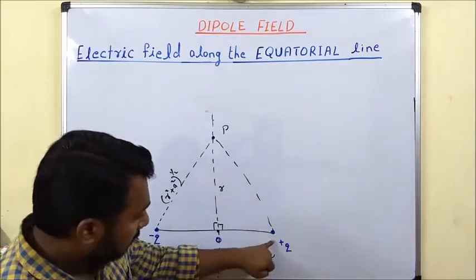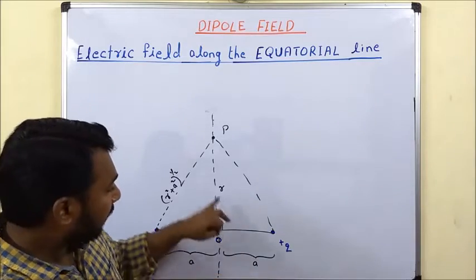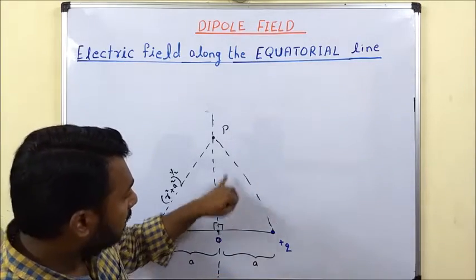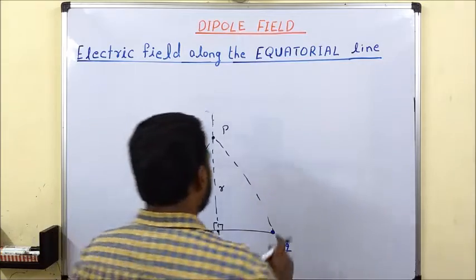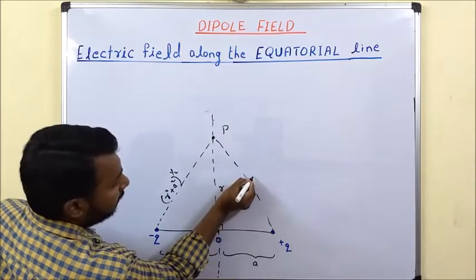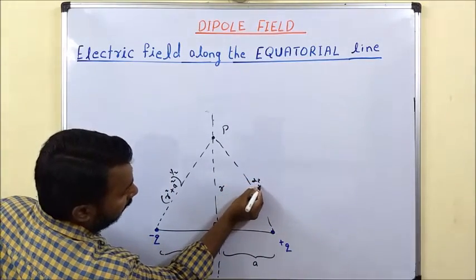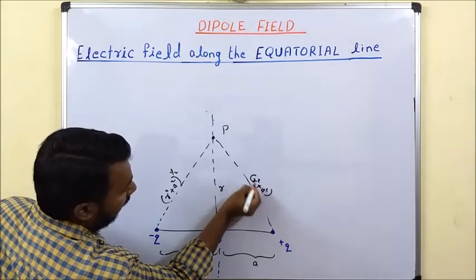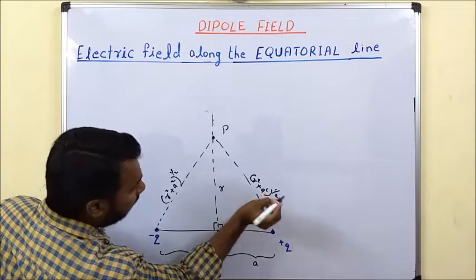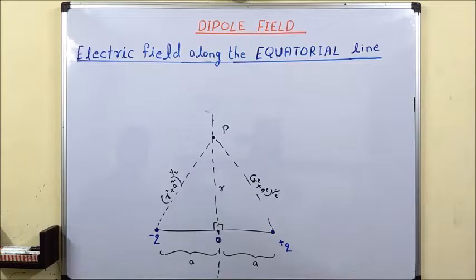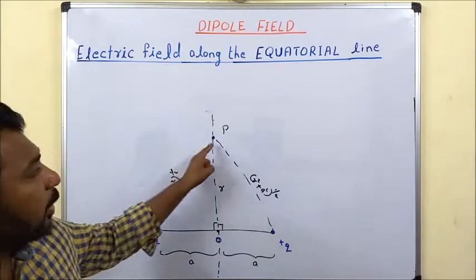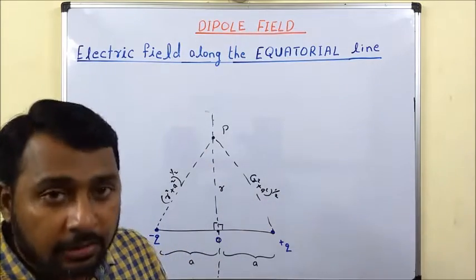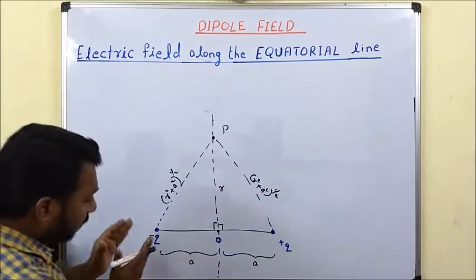Here also the base is A and the perpendicular is R, then the hypotenuse will be the same way. I can write it is R square plus A square under root, so all raised to 1 by 2.